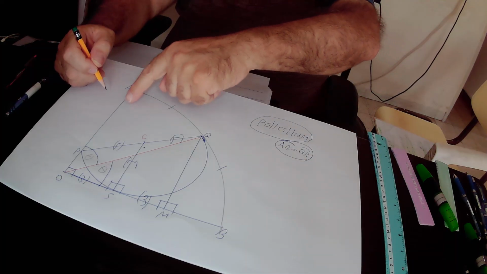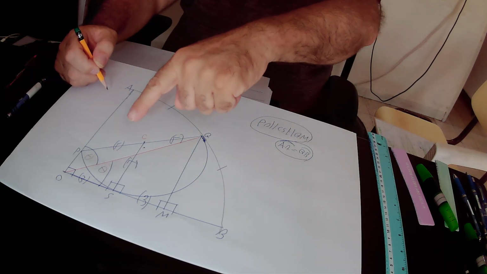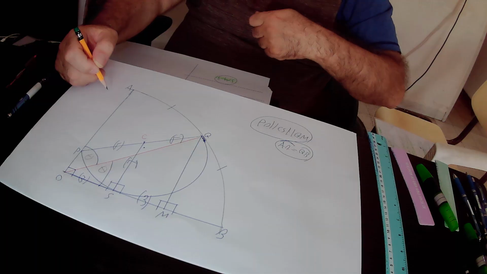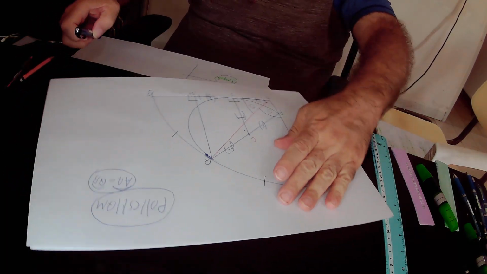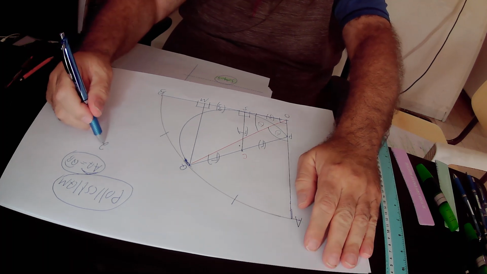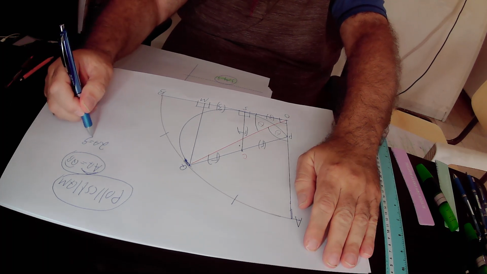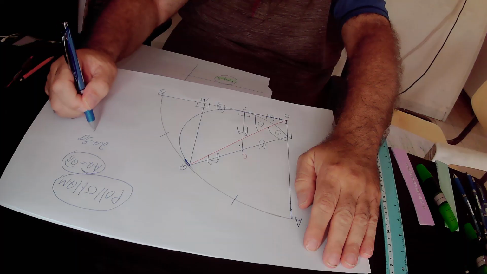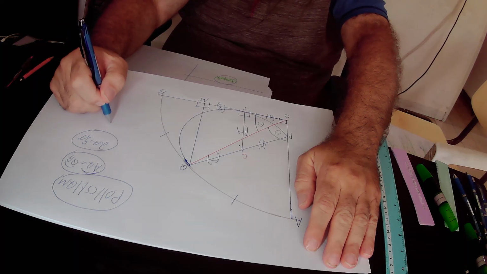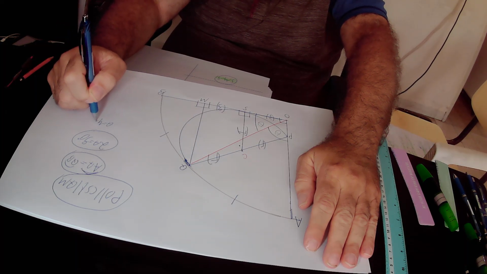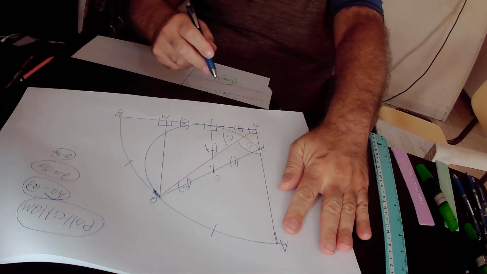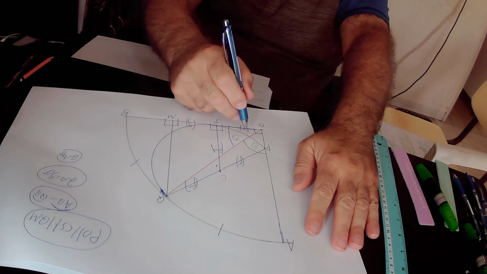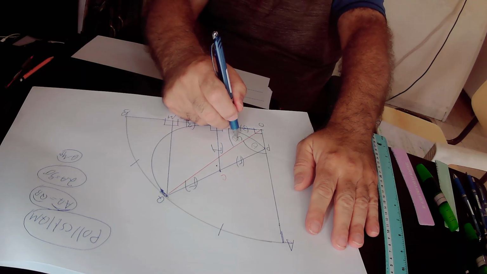The big angle AOB is a right angle, and therefore theta plus theta equals 90 degrees. 2 theta equals 90 degrees, and therefore theta equals 45 degrees in its size. This is angle theta that equals 45 degrees in its size.